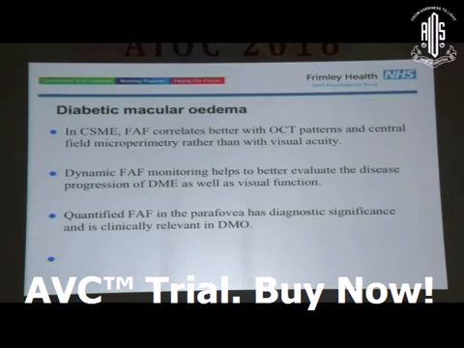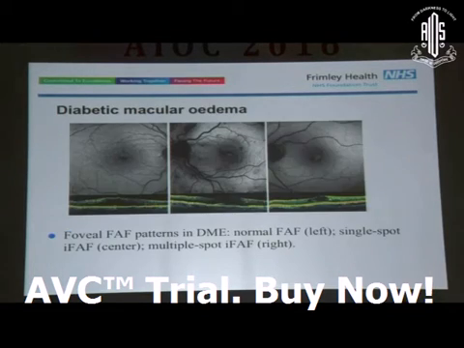So dynamic fundus autofluorescence monitoring helps you to evaluate the disease, progression of DME, as well as the visual function. And you can even quantify fundus autofluorescence. There was a study that actually quantified fundus autofluorescence and found that to be very good as a diagnostic indicator.